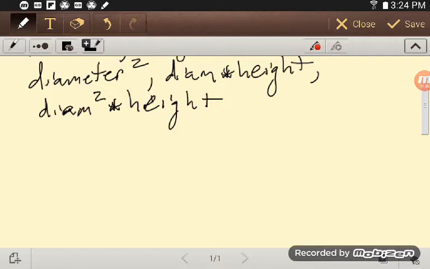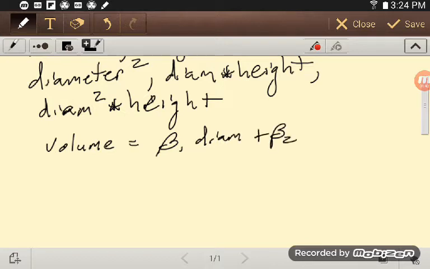And so what we could do is use linear regression on volume is equal to some slope 1 times diameter plus another slope times height plus our intercept alpha.